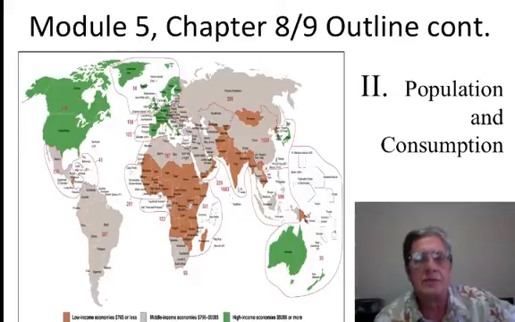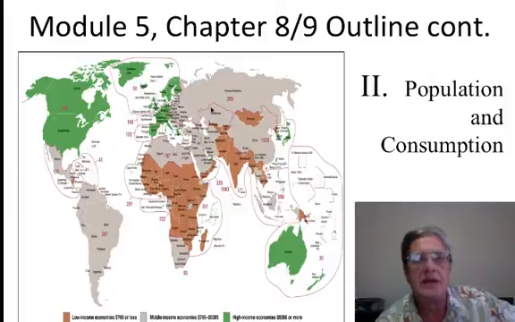This particular map shows the distribution of high-income countries versus low-income countries. The countries in green, it will not surprise you to know, are the most affluent countries in the world. The ones in the dark brown are the poorest, and the ones in the gray are sort of in between, on their way to hopefully becoming more affluent.